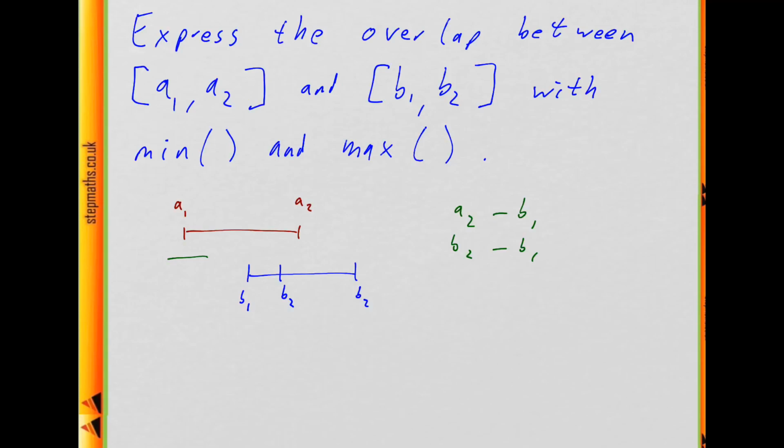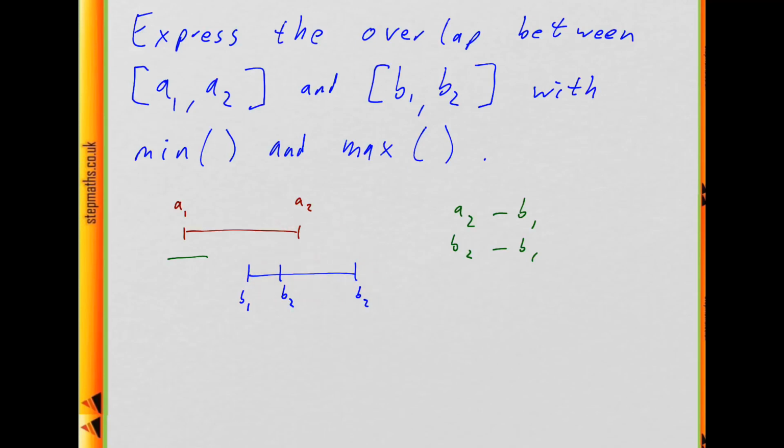How can I sort of combine those two cases in a single expression using min and max? Well, the point is, whichever of a2 and b2 is further to the left, that's the one I'm going to use. So if b2's further to the left than a2, then the overlap stops here at b2. But if b2's further to the right, then the overlap stops at a2 instead.